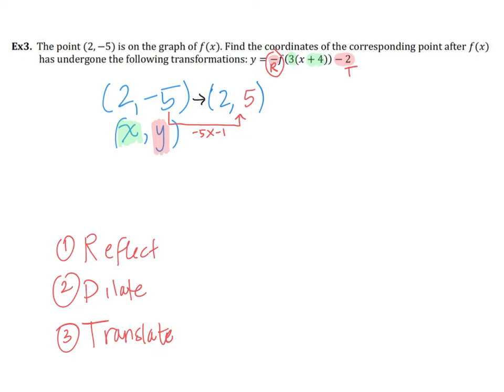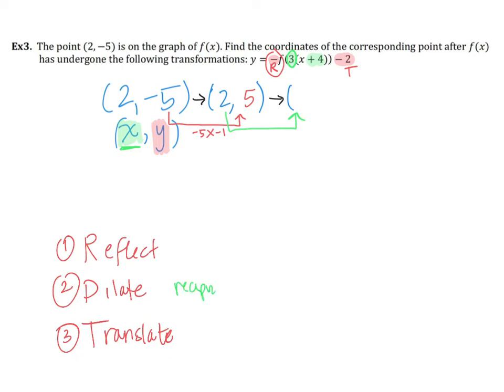Then I'm going to look for dilations. I only have one dilation. It's this 3 here. That is a multiplier: 3 times the quantity of x plus 4. So that is impacting my x value. Now what is my new point going to be with that multiplier? Remember, when you have a horizontal dilation, we have to dilate by its reciprocal.